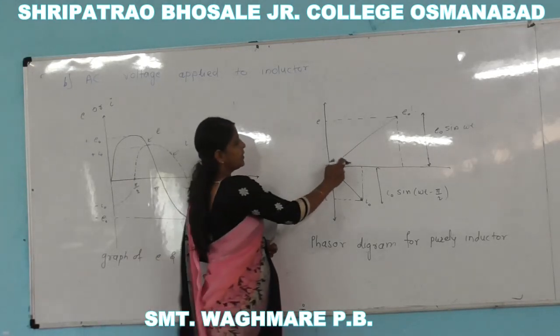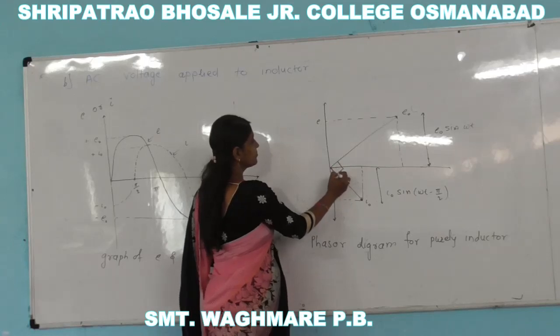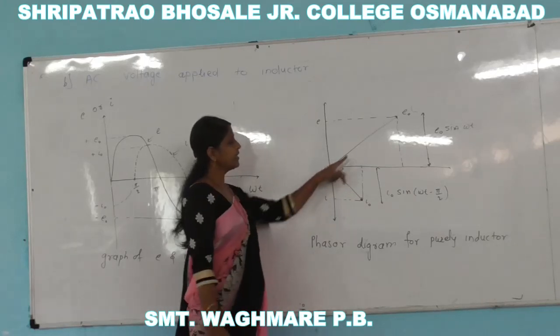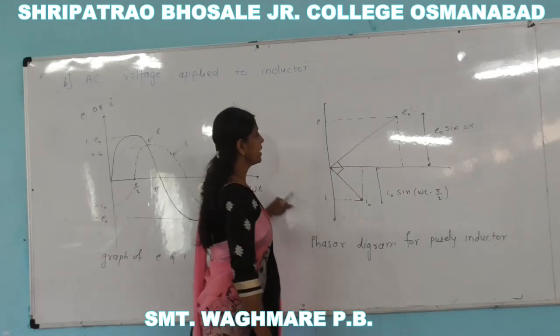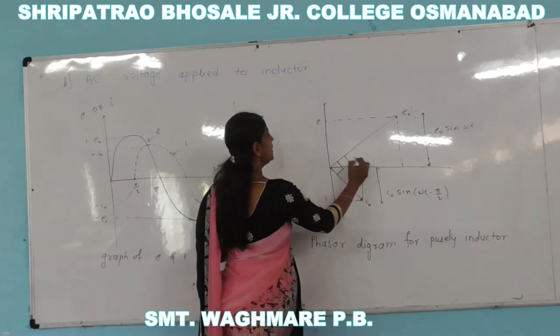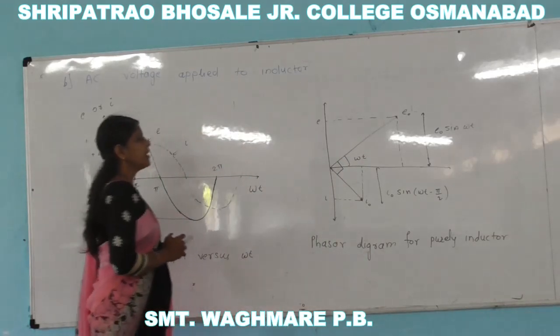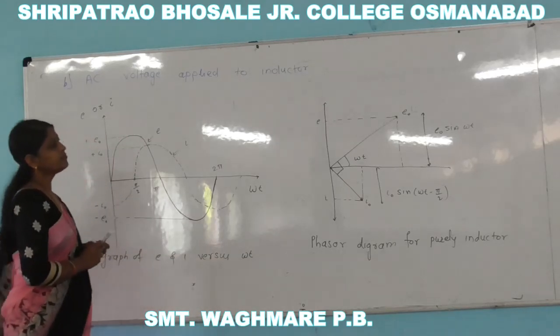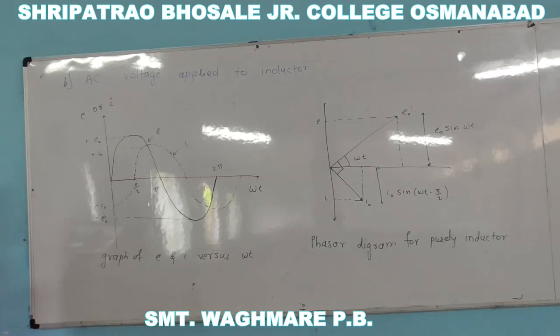components. Here we can observe the angle must be pi by 2 between E naught, or maximum EMF, and maximum current. This angle is omega t, and the angle between E and I is 90 degrees, or we can say pi by 2.